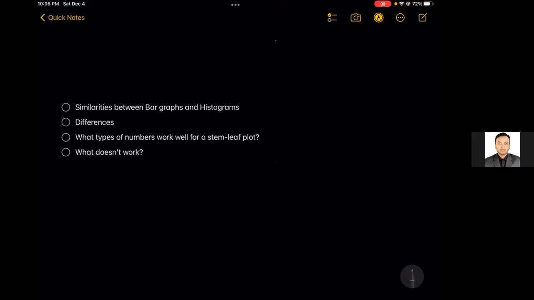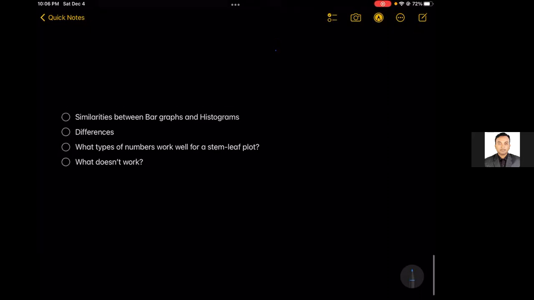For stem plots, why doesn't it work well for less spread out data? You can ask questions like this. You can also go over some worked out examples from our book or other resources. And if you have any questions, as I said, just shoot me an email or we can discuss it on Tuesday.